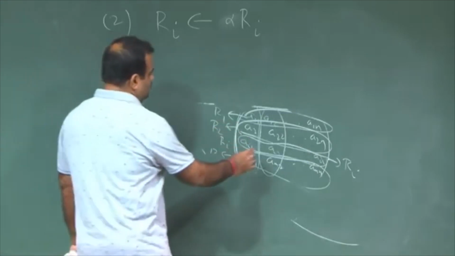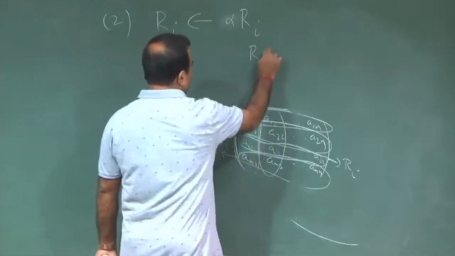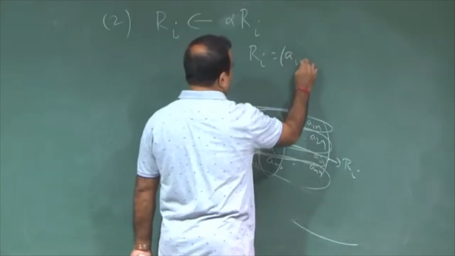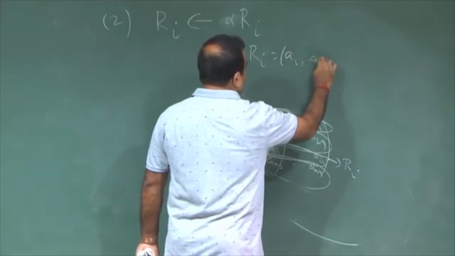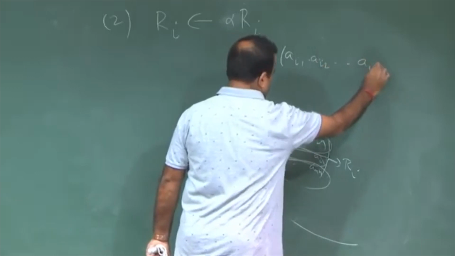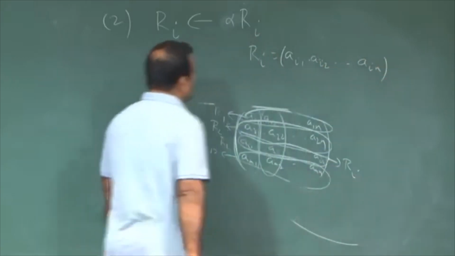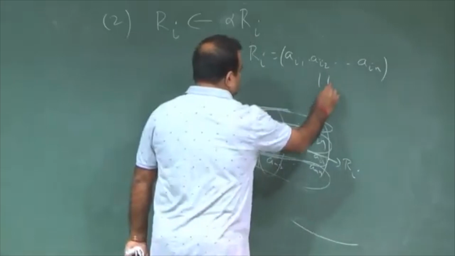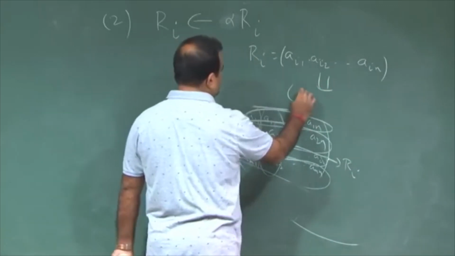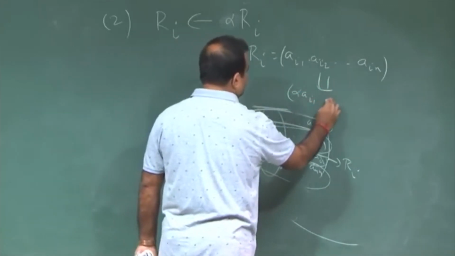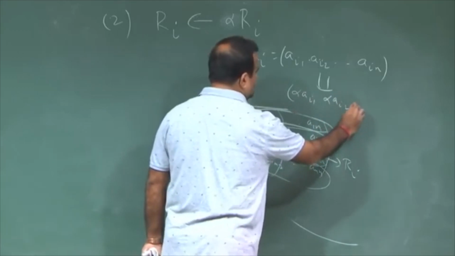If the ith row is ai1, ai2, ..., ain, this will be replaced by alpha ai1, alpha ai2, ..., alpha ain, where alpha is a real number.